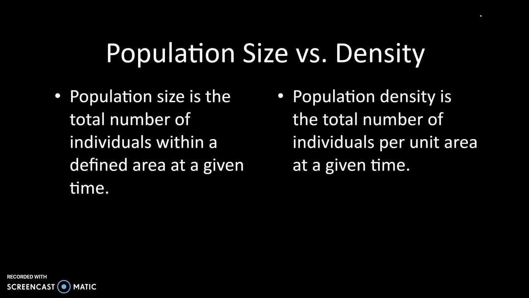Okay, a couple of comparisons. They sound the same, but they're a little different. Population size is just the number you have in a particular location. Density is per, for example, square mile or square kilometer. So it takes that population size and defines it within a set unit of 1, you could say.